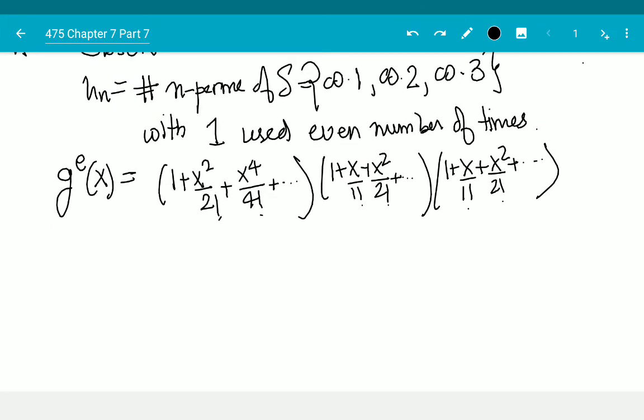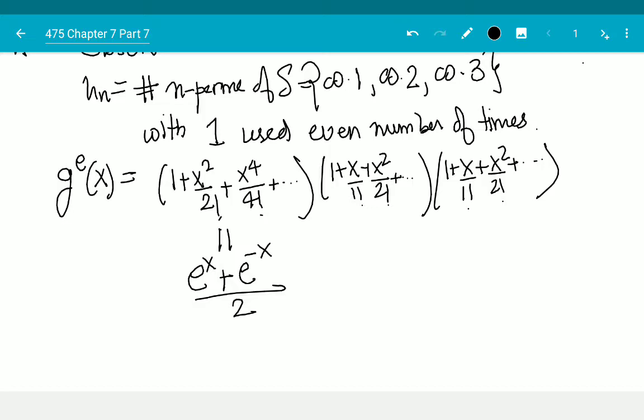Okay, great. Then I can realize all my odd terms are missing, right? How do I kill my odd terms? Well, if I had the odd terms, that would have been e to the x. What I can do here is say, hey, this is e to the x plus e to the minus x over 2, right? Because if I had e to the minus x, it would have 1 minus x over 1 factorial plus x squared over 2 factorial minus x cubed over 3 factorial.